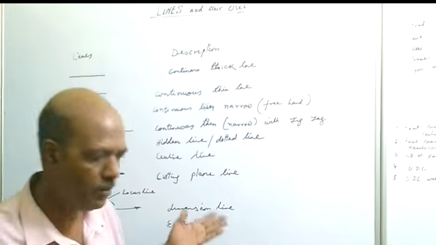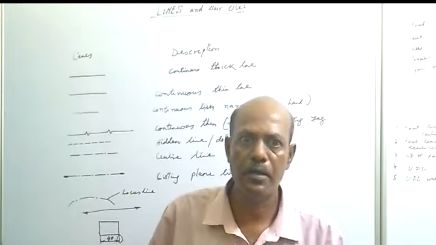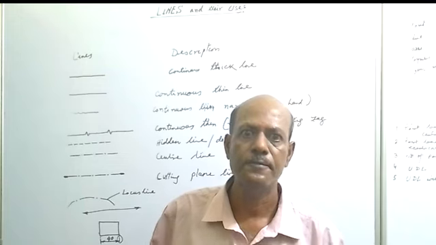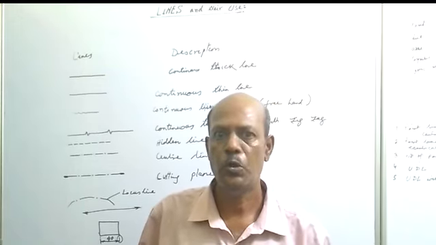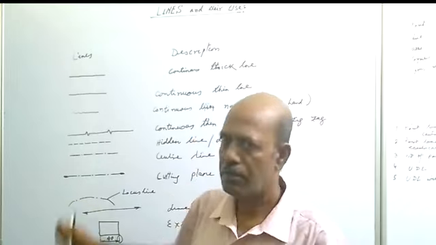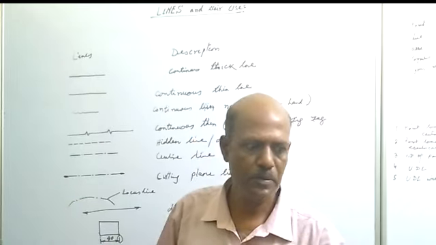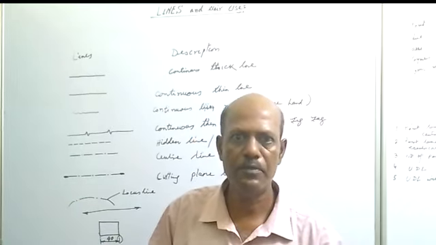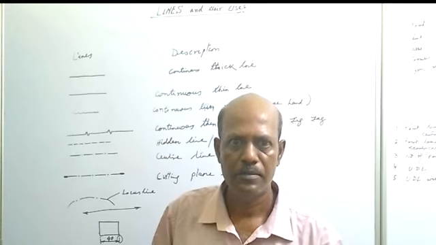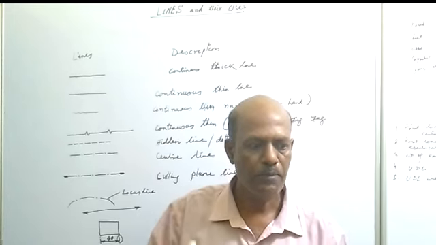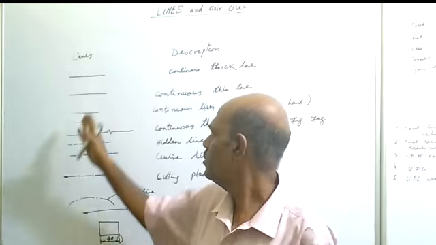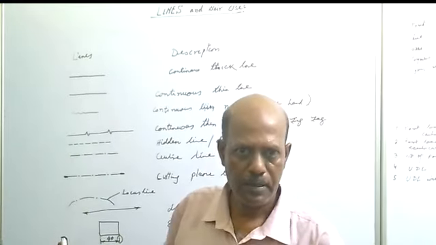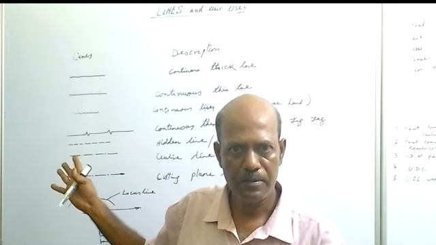Lines are a very important part of engineering drawing, because with the help of lines we draw the component on a sheet of paper. If you don't remember these lines, your drawing will not give meaningful information. To supply meaningful information, your drawing should contain the right lines at the appropriate places.